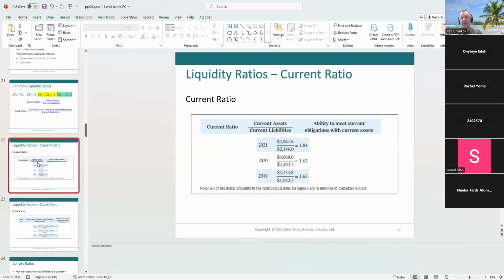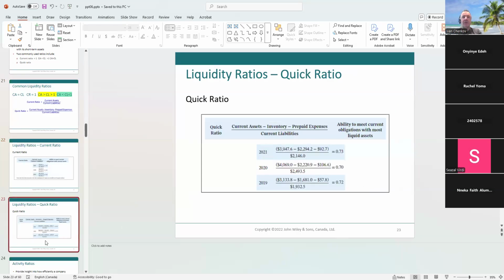On the company that we have the information about, the current ratio is actually improving, going from a lower number up to a higher number. And we say that we want that number to go high. As high as possible is better. Quick ratio, on the other hand, is below 1. That means the company is not too liquid.